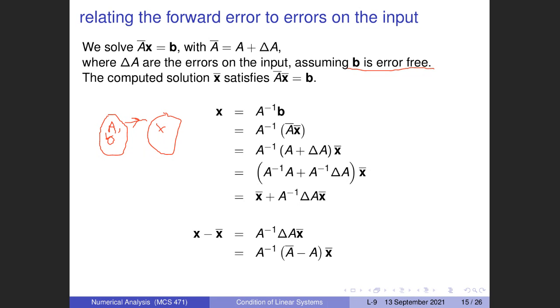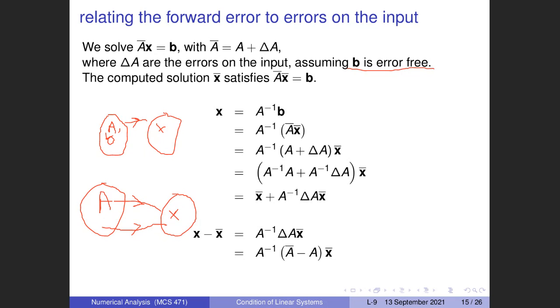All right, so what we want to correlate is the error in the output with the error on the input. So now the picture, perhaps I will draw it a bit larger. So we have the input matrix and we have the output X. So we have the exact map that's going from the coefficient matrix, but actually we don't know the coefficient matrix exactly.